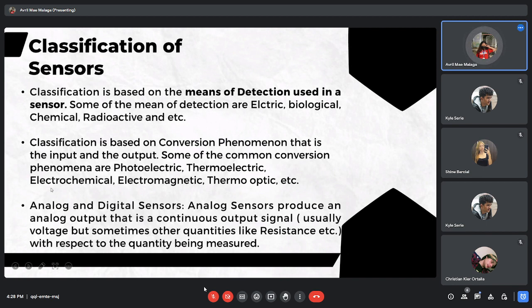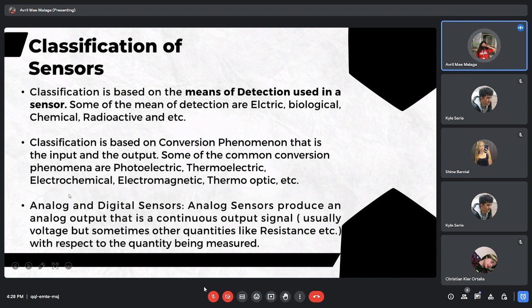And next is electrochemical. For electrochemical sensors, the input will be chemical changes and the output will be an electrical quantity, so the chemical changes are measured in terms of electrical quantity. And the third is thermo-optic. The input will be temperature and the output will be in terms of light.